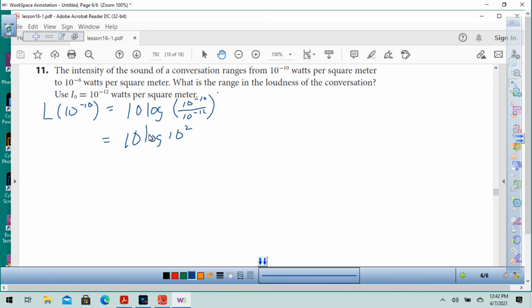Well, I'm going to move this up front, and 2 times 10 is 20 log 10. Well, log 10 is 1, so basically it's just 20.